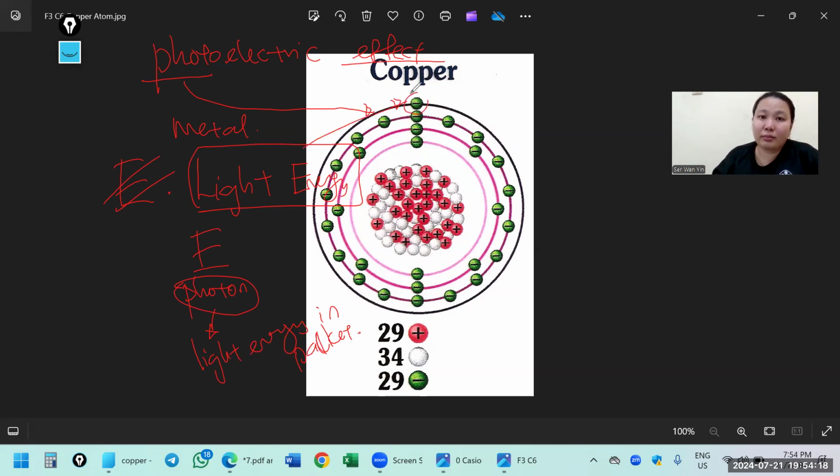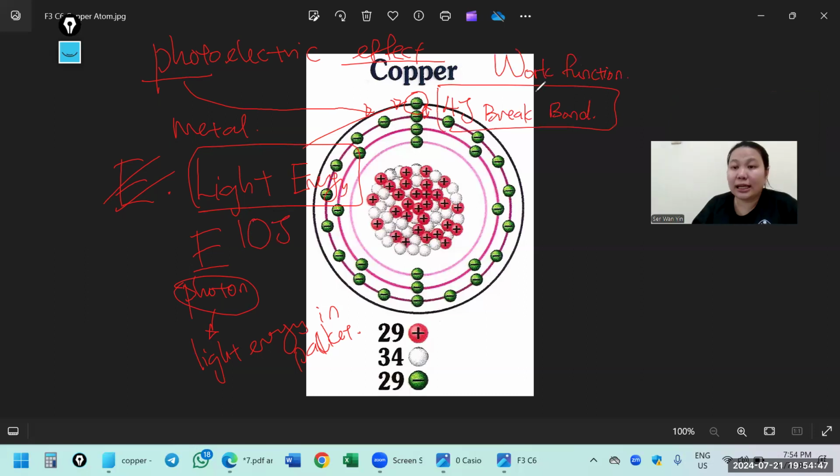Then it will be absorbed by the electron to break bond. So the energy will be used, for example, let's say here we have 10 joules of light energy. Then it will use 4 joules of energy to break bond. The energy used to break bond, we call it work function.